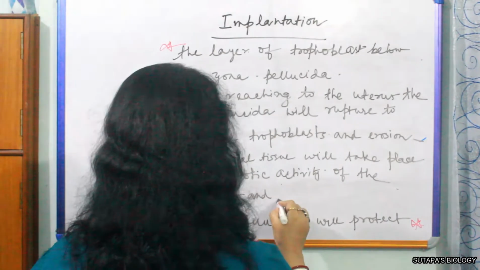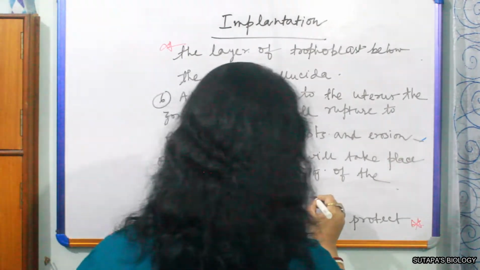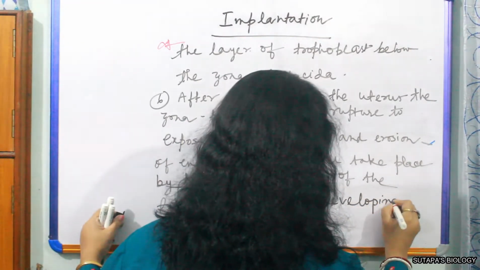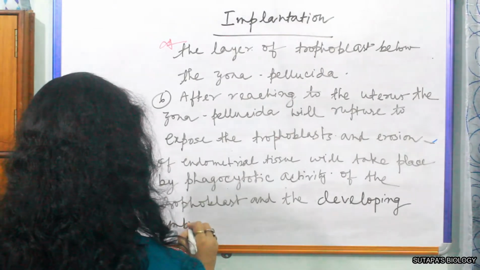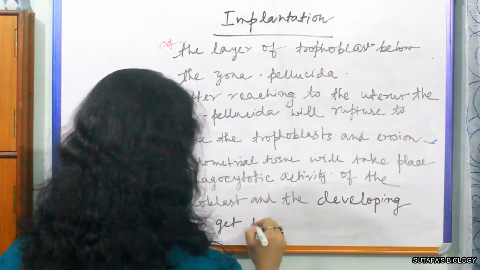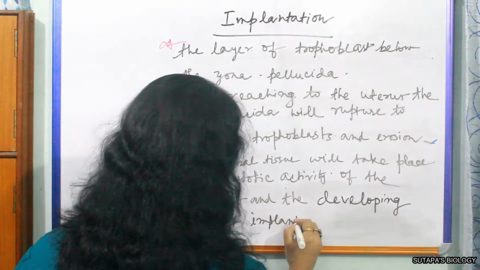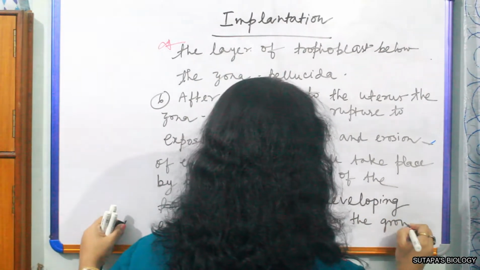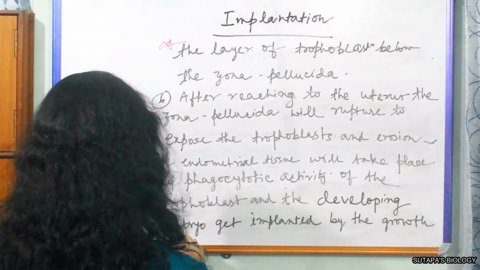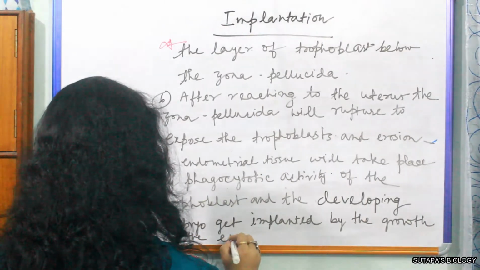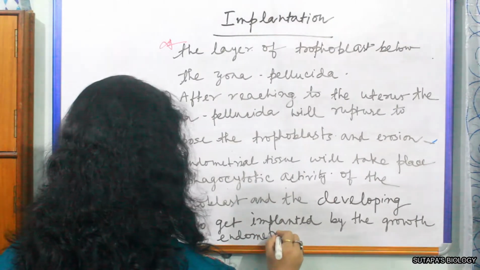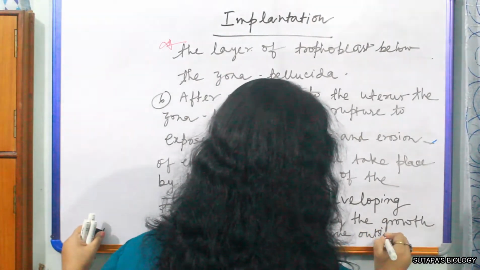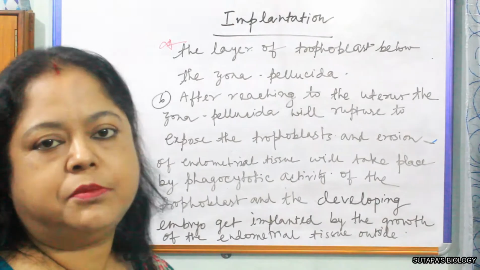And the embryo will be implanted. The developing embryo gets implanted by the growth of the endometrial tissue outside. This is about all the steps of the implantation.